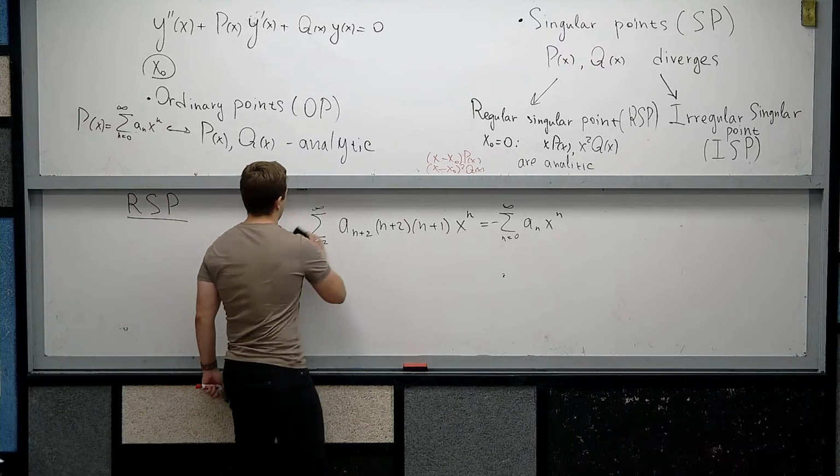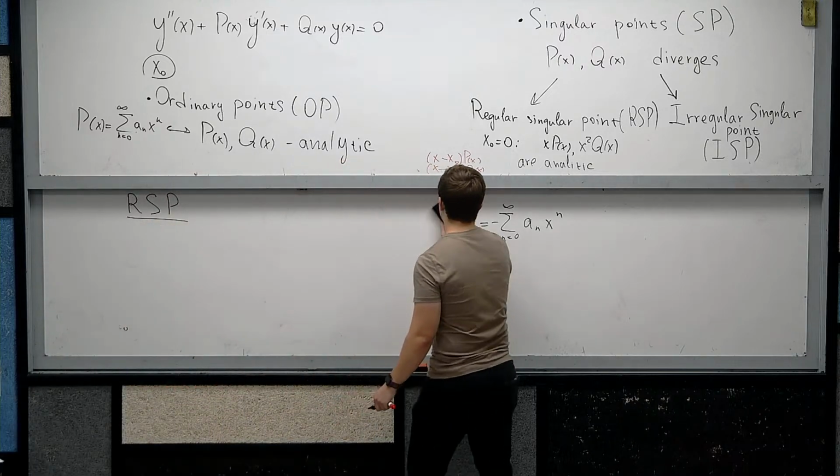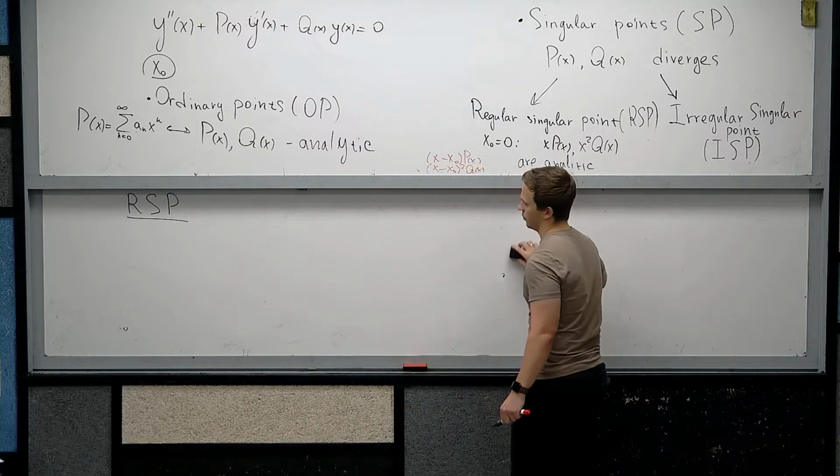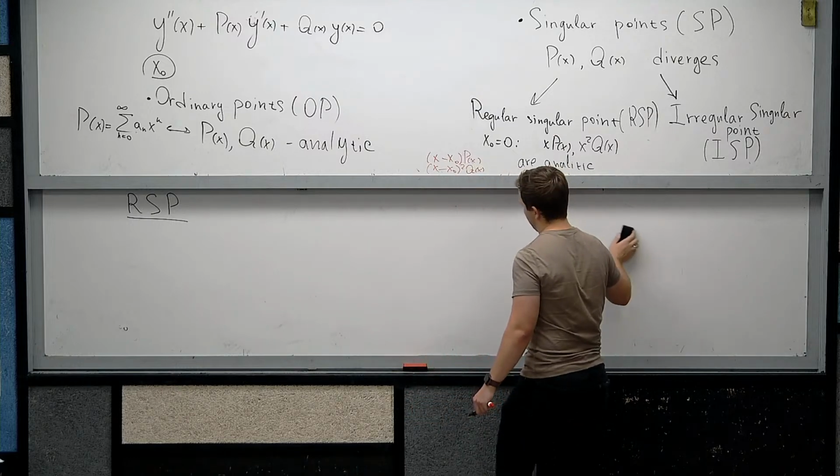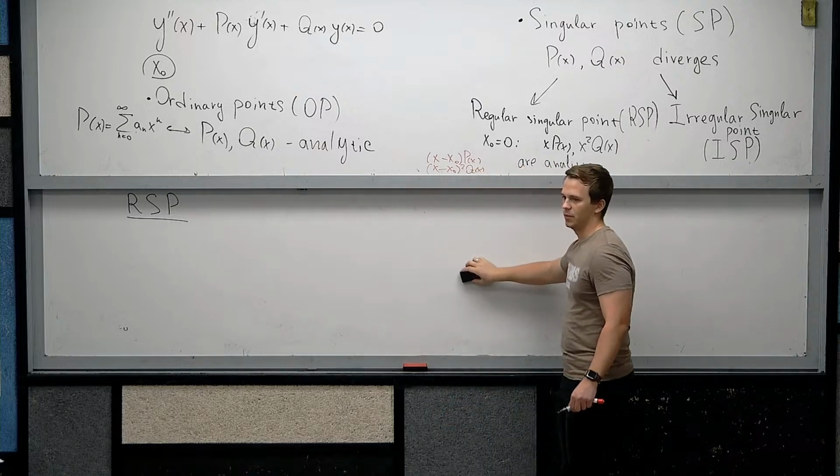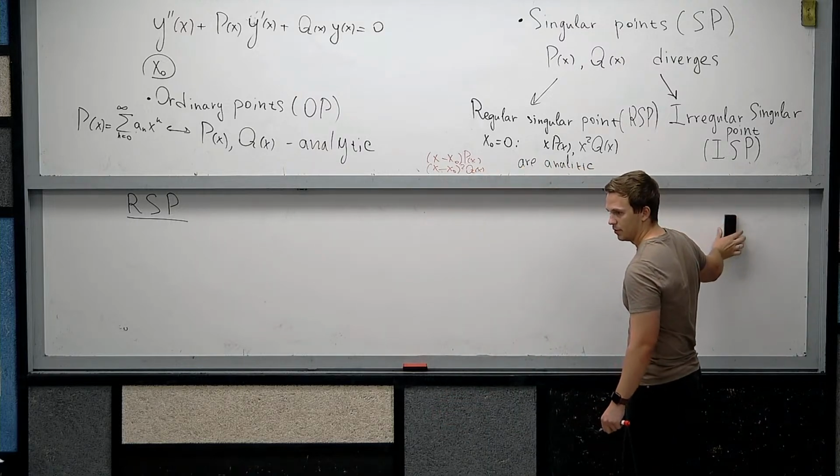For these points, there is one bulletproof method. I think some of you are familiar with this method, right? Frobenius.